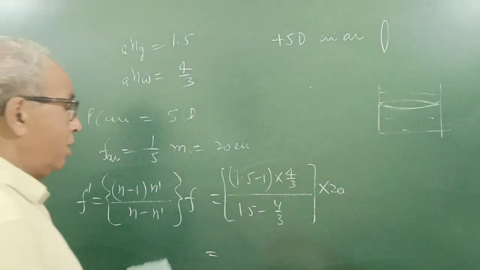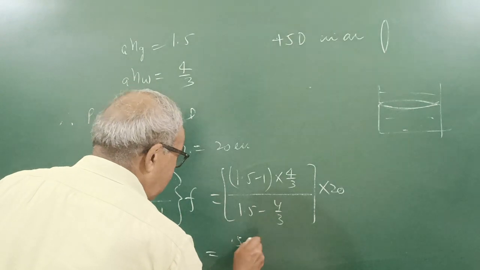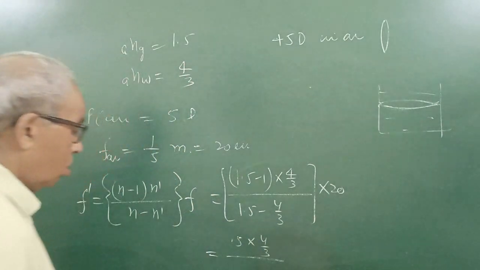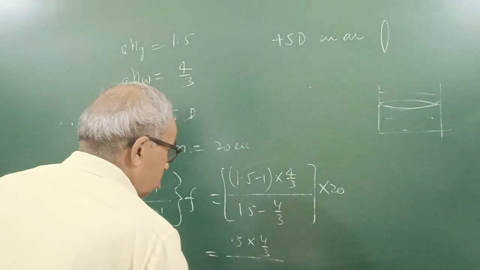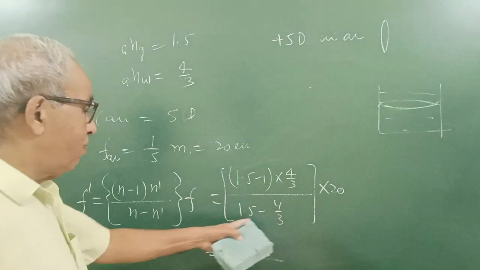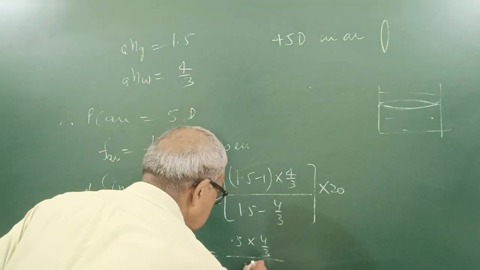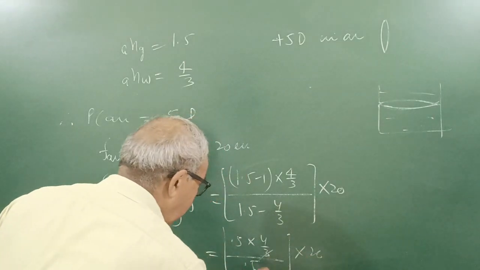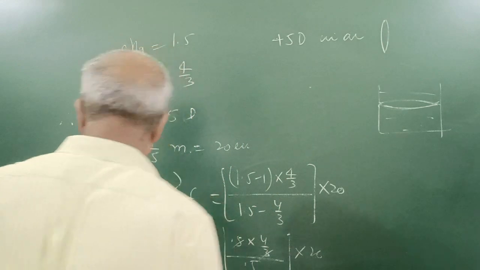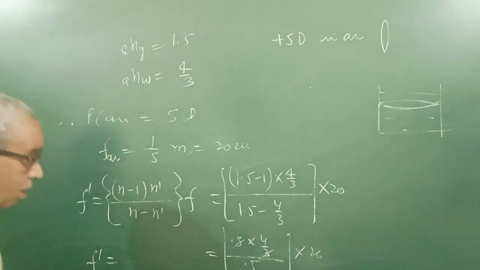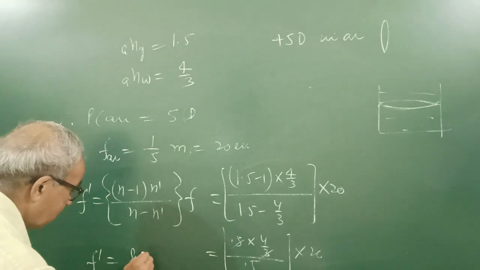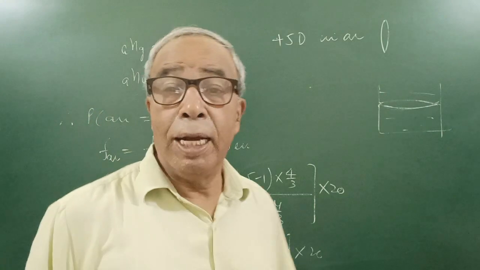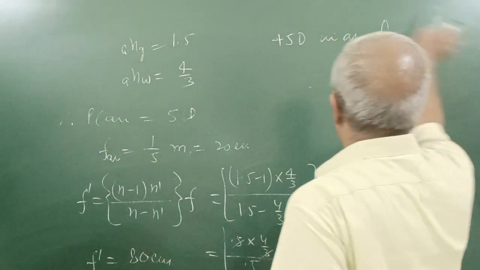So it will be 0.5 into 4 by 3 upon 4.5 minus 4, 0.5 by 3, into 20. So 0.5 by 3 cancels. So F dash comes out 80 centimeter. The focal length of this lens in water is 80 centimeter.